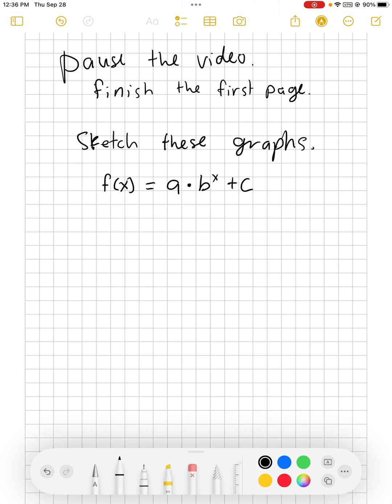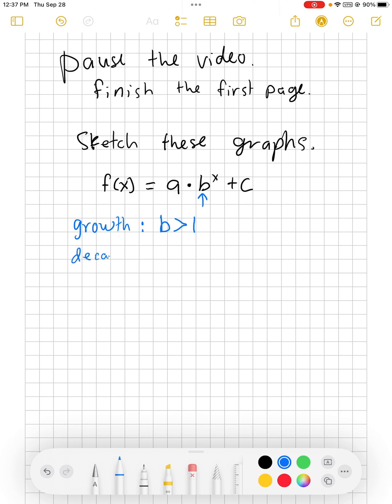Now, a couple of very important things that you need to know. To determine if it's growth or decay, you're going to look at b. Growth is going to have a b value that's bigger than 1. b is bigger than 1 is growth.